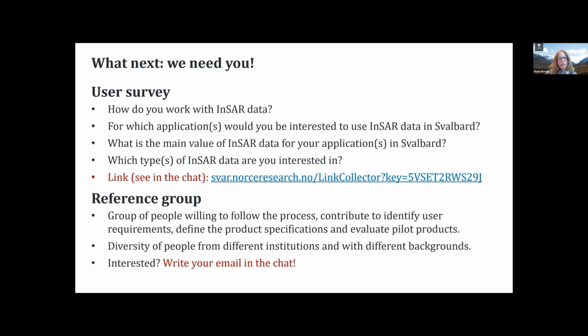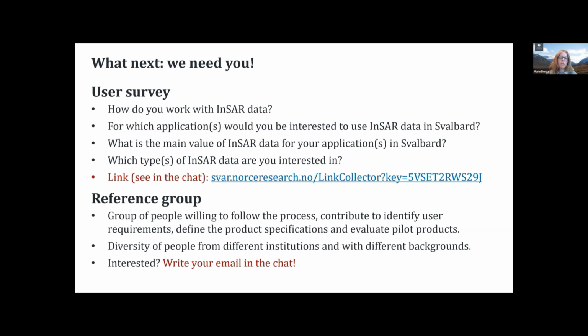And then we have started to establish a reference group, a group of people that are willing to follow us on this process and to contribute to identify the user needs and requirements and help us to define the products. And then later on also evaluate the pilot products.